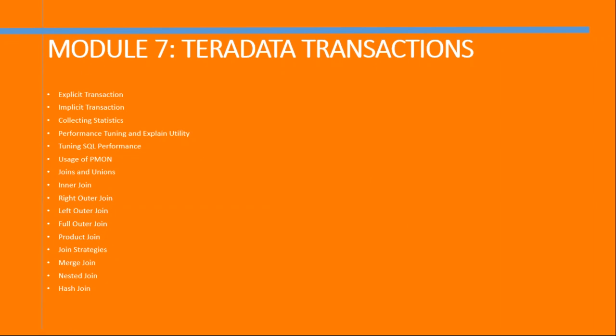So we can point out some of the traits, and we can do some improvements from the explain plan based on recommendations from Teradata and the industry. Tuning SQL performance also comes as part of the explain utility, with recommendations and practices from Teradata.